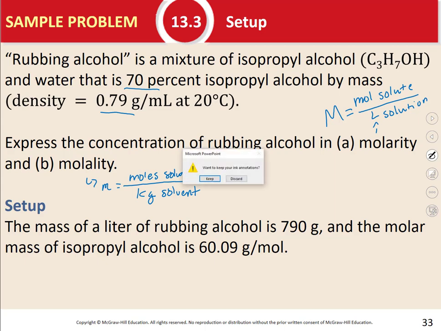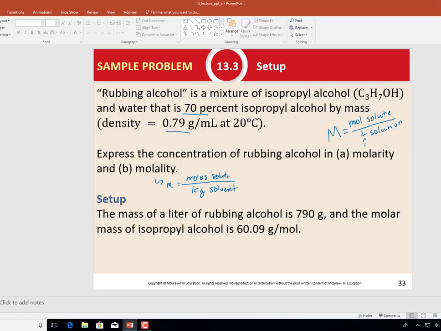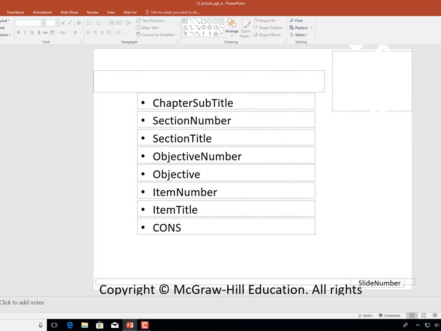Let me get a blank slide. All right. So step 1, choose whatever amount of starting material you want. So let's just choose 1 liter of solution. So assume 1 liter.